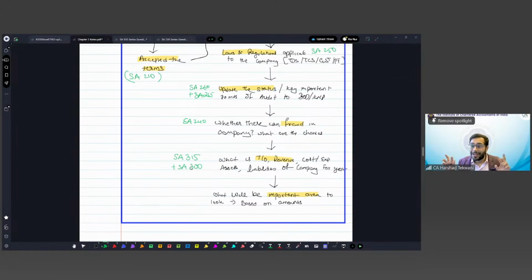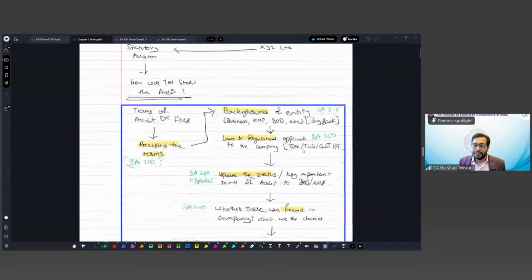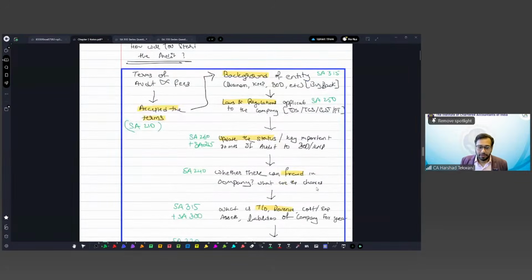What will be the important areas? When I talk about important areas, what are the critical areas that you decide based on materiality? SA 320. Yes or no? So yes, sir, there are already standards in place to guide you on the planning path. This is nothing but what we are doing: planning of audit.